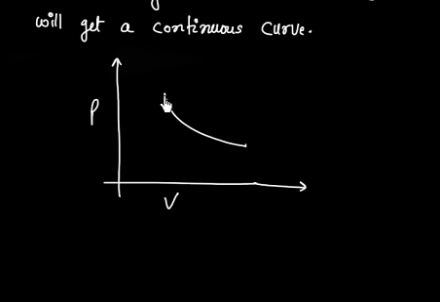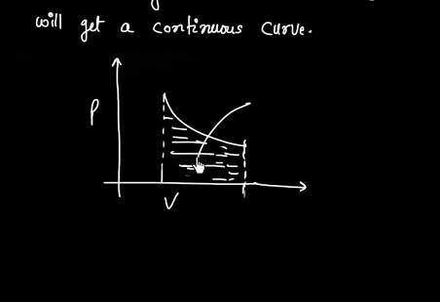Are you getting it or not? The area inside this curve will give you the work done. Now this work is maximum. So this is the work done, and this work done is maximum.